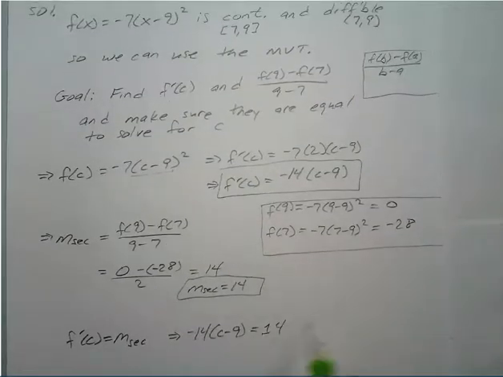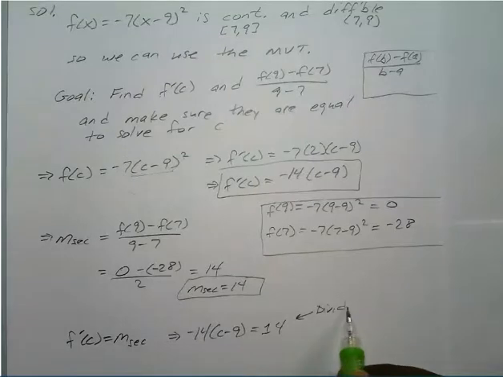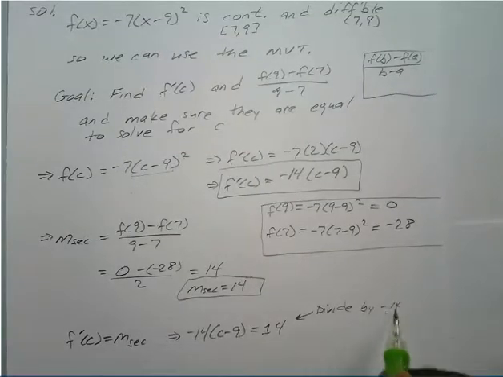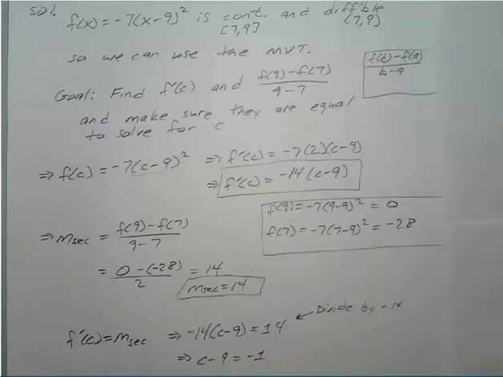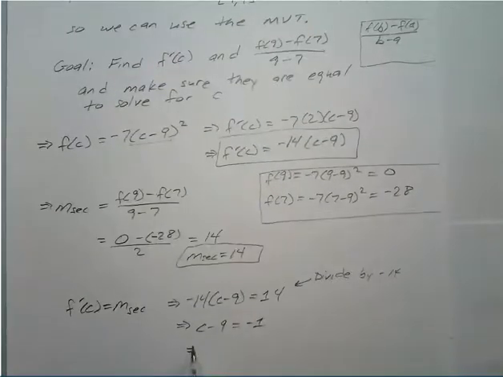Okay, so if we divide both sides by -14, we end up with c minus 9 equals -1. Add 9 to both sides. We have c equals 8.